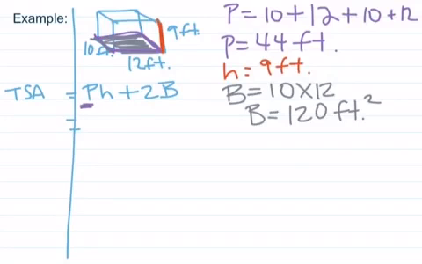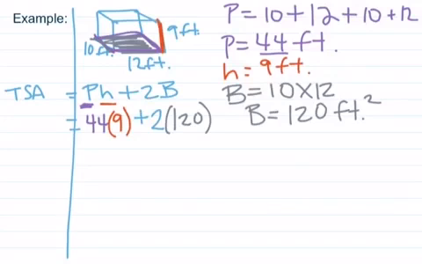Now it's just a matter of substituting our values into the formula. So P is 44. When the letters are right next to each other, it's multiplication. So times H, height of our prism is 9, plus 2, that's part of our formula, times the area of our base, which is 120. Now, I want you to start thinking about something, and we're not going to discuss it in the video, but we will in class.